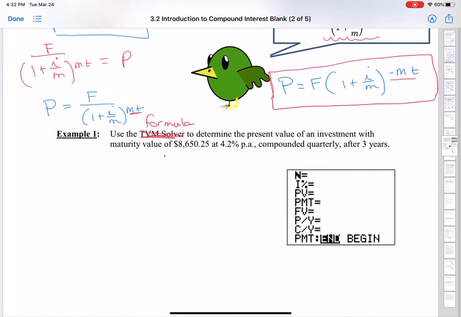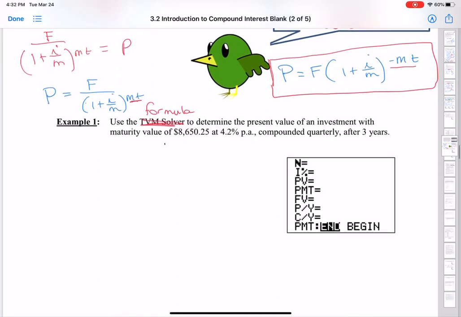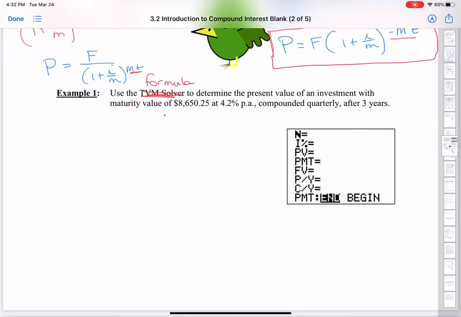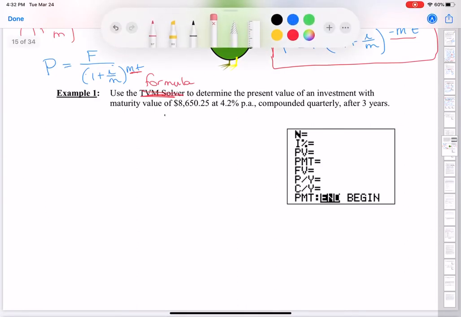It says, use the formula to determine the present value of an investment with a maturity value of $8,650.25 at 4.2% compounded quarterly after 3 years. All right, so we see that we're dealing with a compound interest application, and that we want to find the present value.